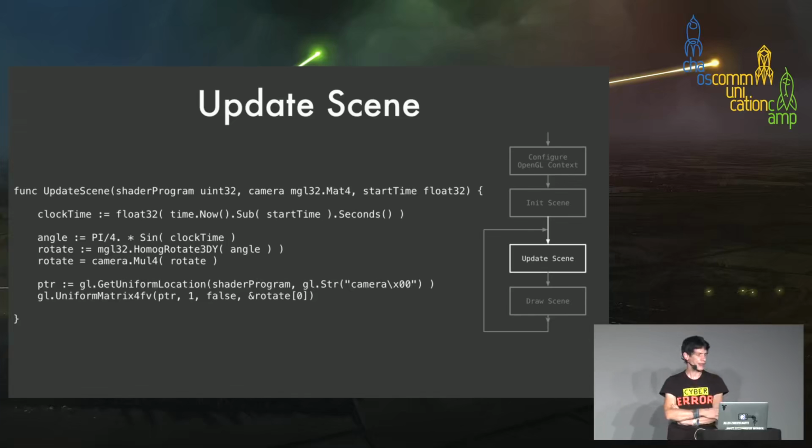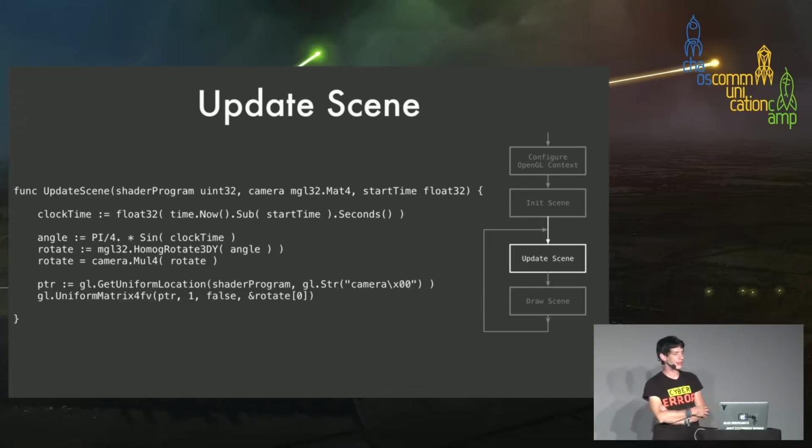mgl32.homog_rotate3dy function call. It takes an angle and then returns a rotation matrix that rotates with that angle around the y-axis. And then we have the rotation matrix. We can multiply it by the camera that we have set up before.